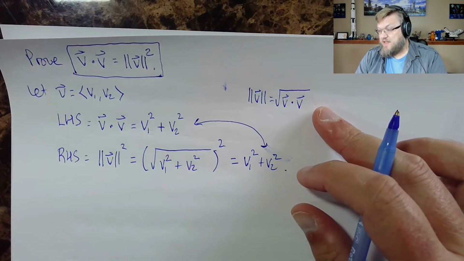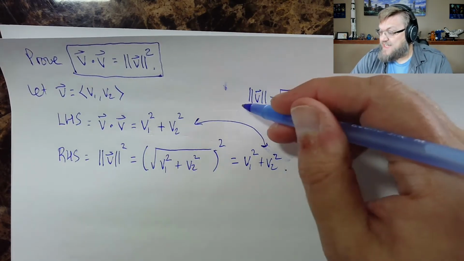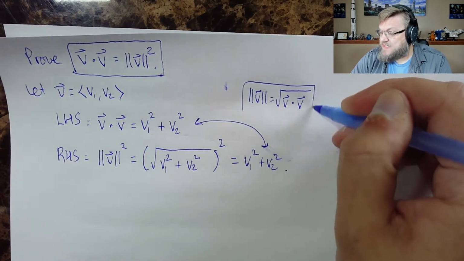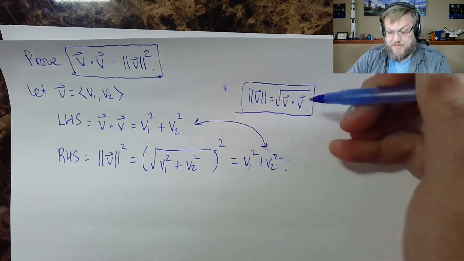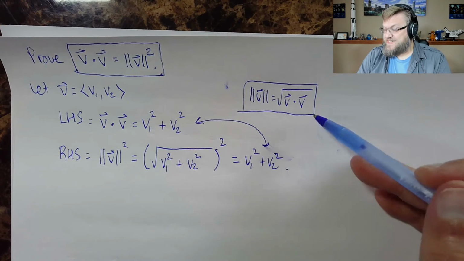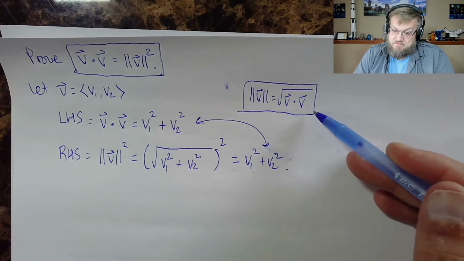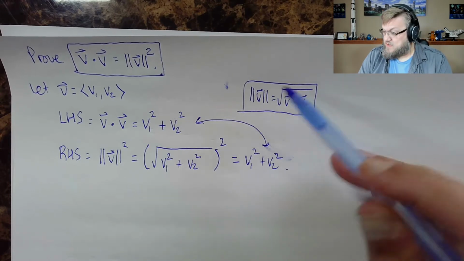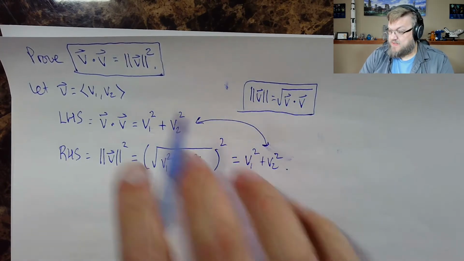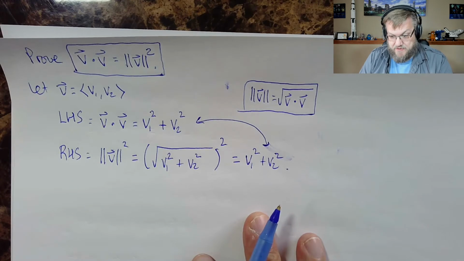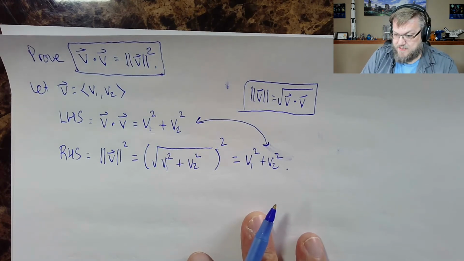But it is maybe theoretically useful. It's nice to have another description of the magnitude involving the dot product. So this doesn't really help calculation-wise because it's doing the same calculation. But for some theoretical concerns, it might be nice to remember that there's that connection between the magnitude of a vector and its dot product.